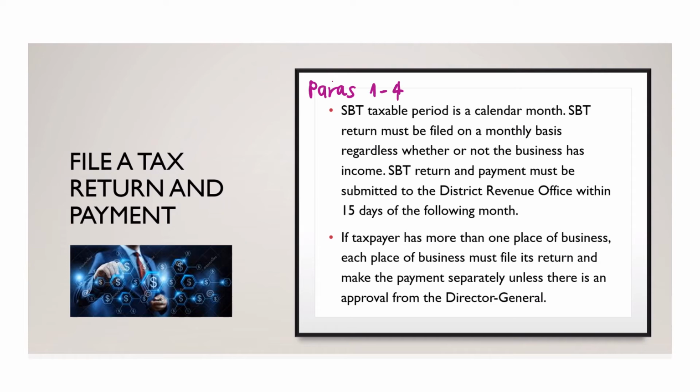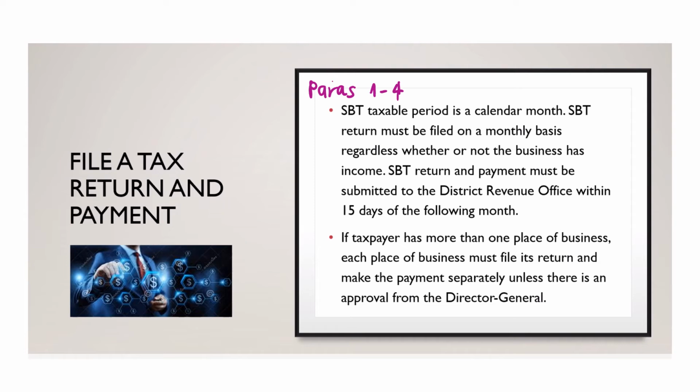This means you need to do it every month. So the taxpayer of the SPT needs to file the tax return on a monthly basis, regardless of whether or not the business has income. But you need to do this every month and submit the tax return to the tax authority.